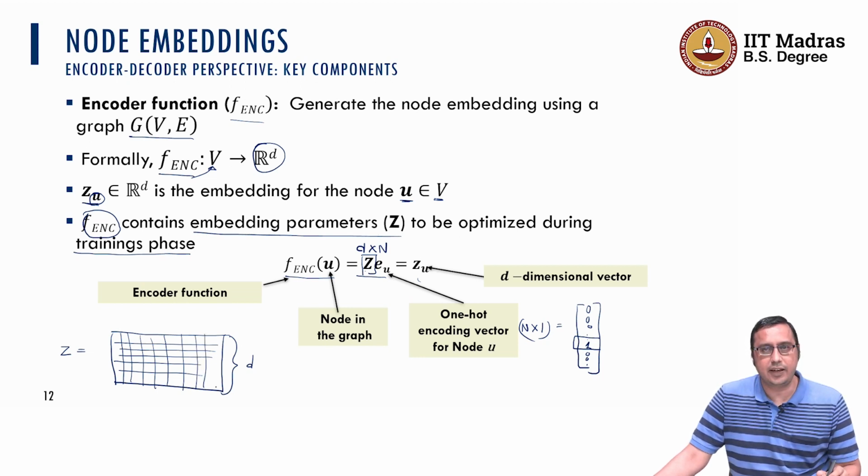And what we are interested in is finding a particular column, which is z_u. So this particular operation will allow us to extract the column corresponding to u.